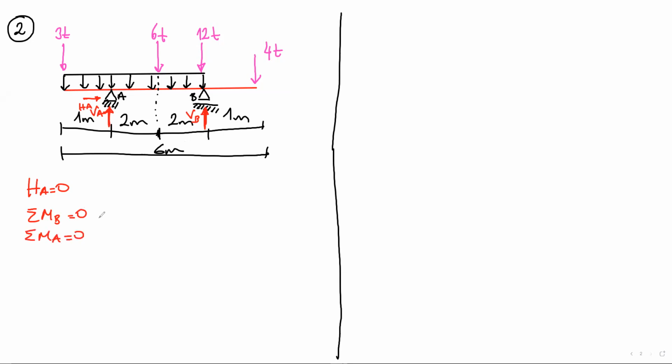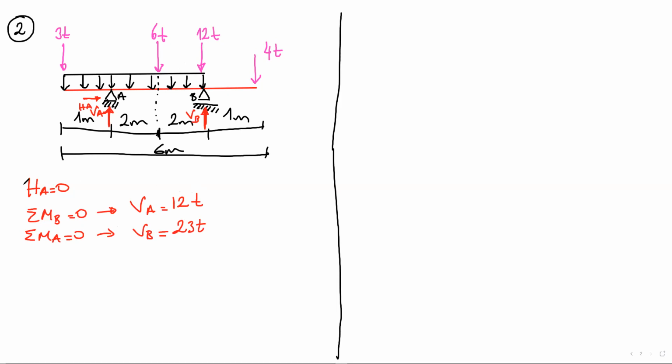From MA equals 0, you will see vertical A is 3 ton. Now we know the support reactions, but I'd like to add them to the structural system.